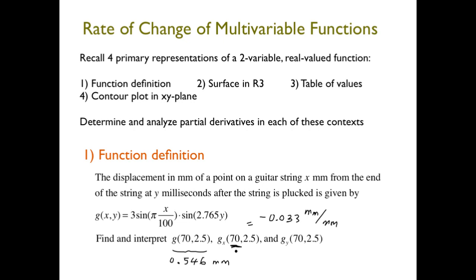We're at this x value. So it's change in x that you mean to say. Yeah. So given any small change in x, what does this tell us?